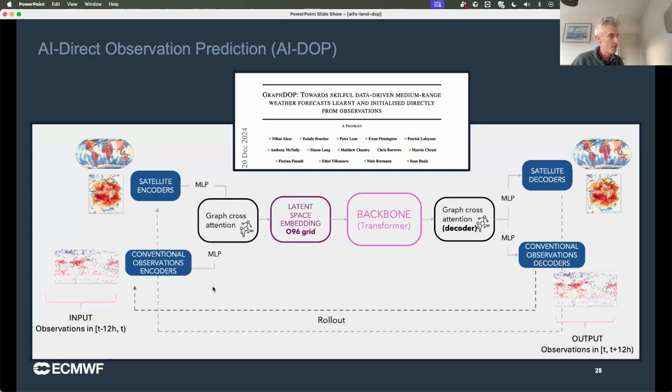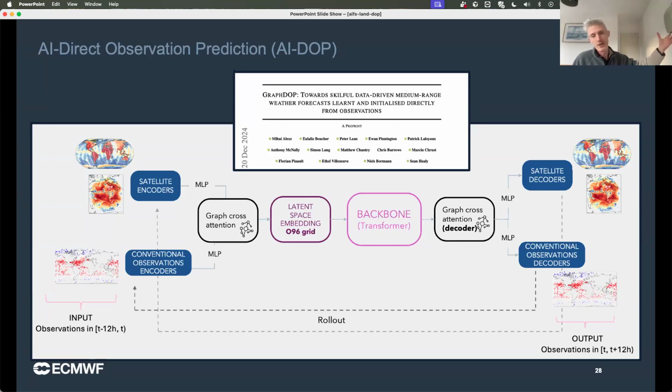So this is what the model looks like, and there's a nice paper from Mihai documenting what the model is like and what it's doing. It's a very similar thing to the AIFS in many ways. But now, instead of having just an ERA5 state on either side, we have loads of different encoders, which are a way to condense that information down into what they call a latent space, this reduced resolution space in the middle.